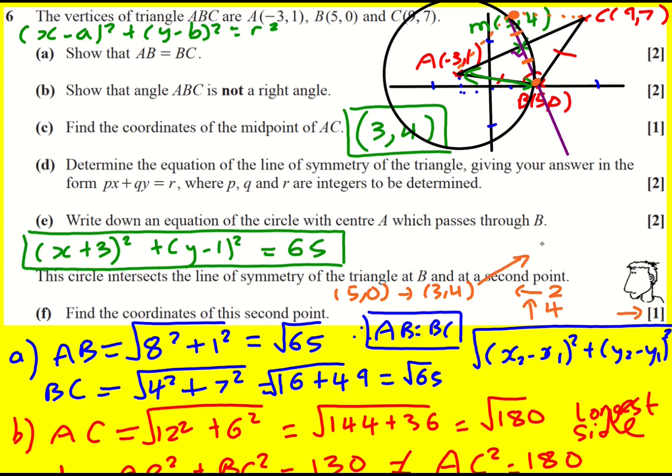I can go left 2 and up 4 again, which is going to take me to 1, 8. That is necessarily going to be the point in question. We're just following the gradient really, because we're going up, we're going left. We're going left and up, and so we just go left and up again by exactly the same amount. We'll get to that other point where it hits the circle because of these circle theorem ideas. Just follow the gradient, which gives us (1, 8).